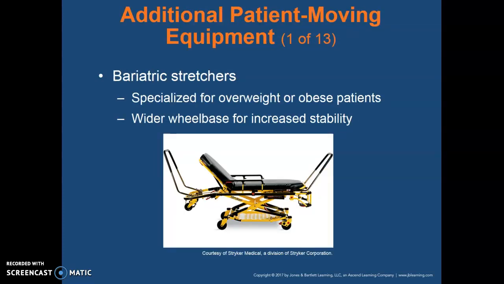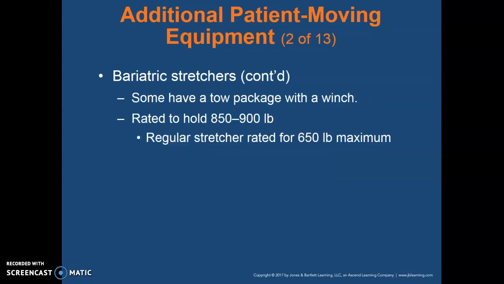Bariatric stretchers are specialized for overweight or obese patients. They have a wider patient surface area so that you don't end up pinching your patients in those arm rails like you would on a regular stretcher. There's a wider wheelbase, which allows for more stability. Some are actually equipped with a tow package and a winch, which can help facilitate loading into the ambulance.